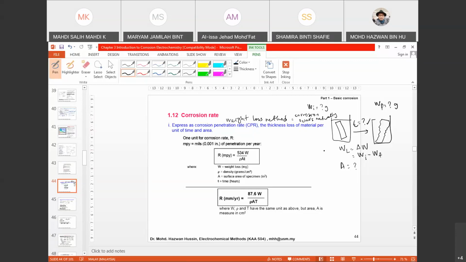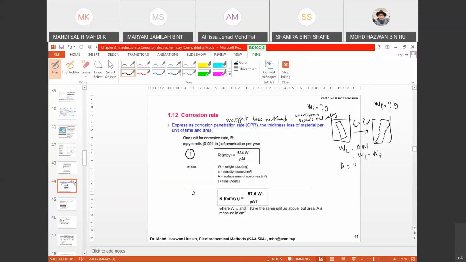That method is known as the electrochemical assisted method. Meanwhile, this one is for the naturally occurring corrosion process. It is always expressed as the corrosion penetration rate, the thickness loss of material per unit of time and area. So you have two formulas over here.